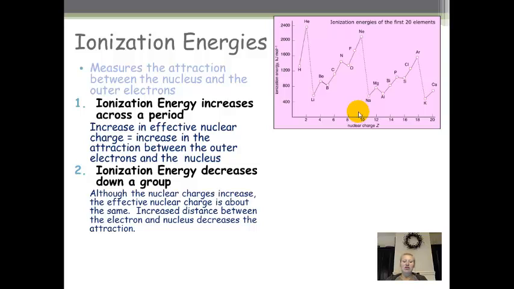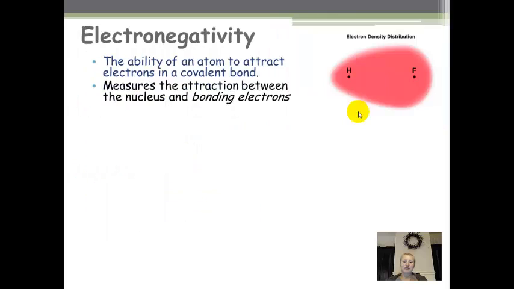As you go down a group, the ionization energy decreases because the effective nuclear charge, remember, stays the same, but you're getting farther and farther from the nucleus, so it's easier to pull off those outer electrons.